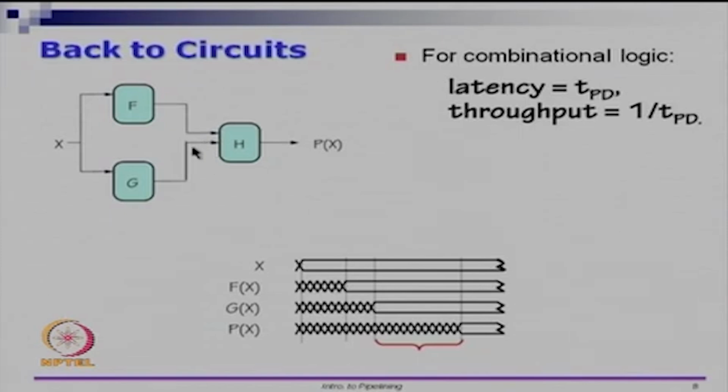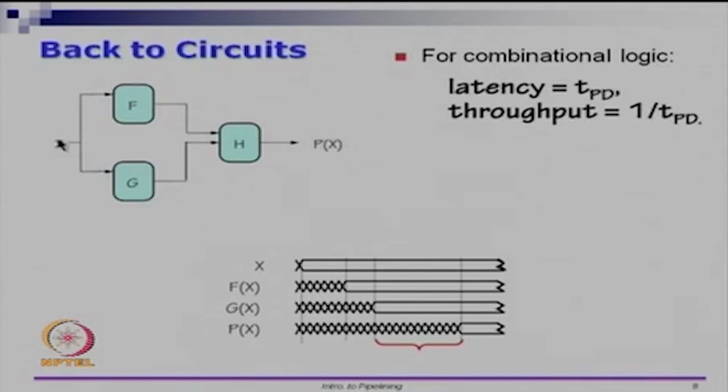F of X is coming earlier than G of X. I have to wait for G of X, and then H will take F of X and G of X and take some amount of time and process it and send it out as P of X. So, the latency in combinational logic is whatever the propagation delay is, and you know how to calculate the critical path. If I give you 2 blocks like this and another block like this, you know how to calculate the propagation delay. We did this in week 6. So, if you do not remember it, go back and review the videos in week 6.